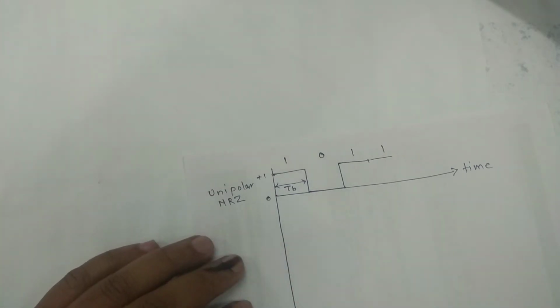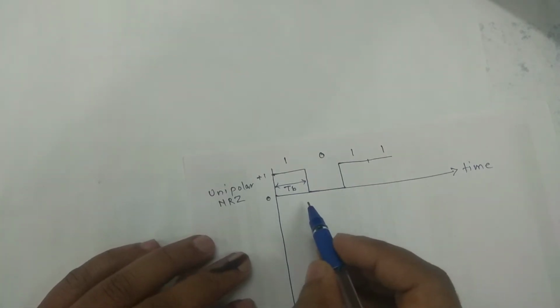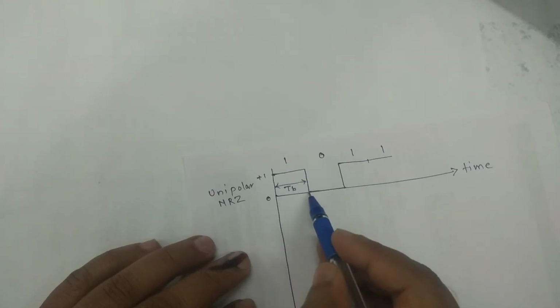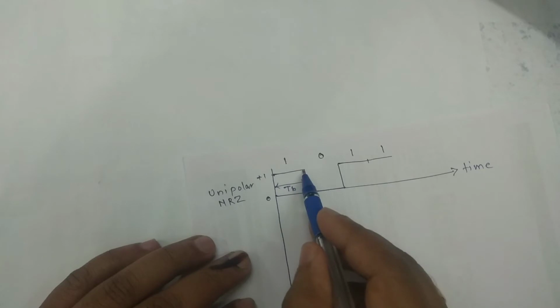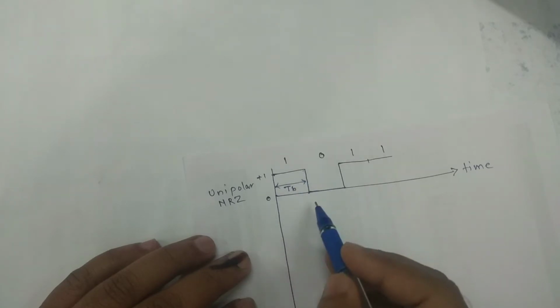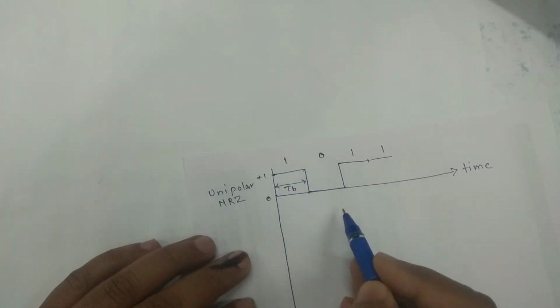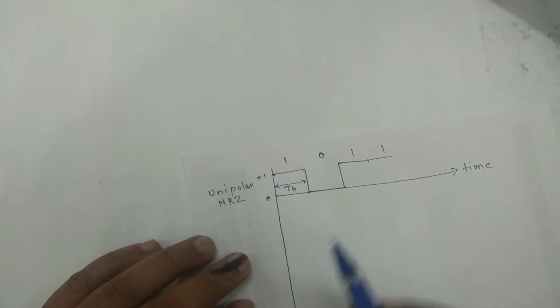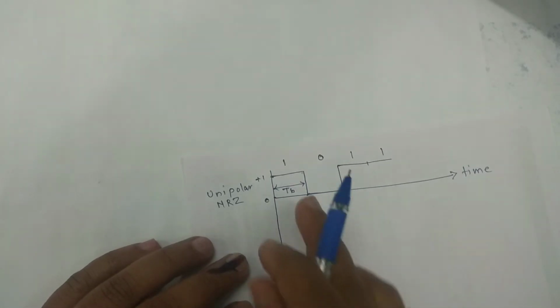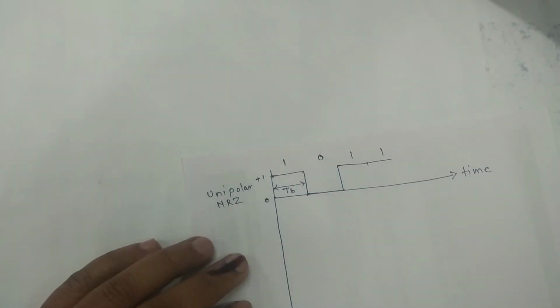In case of BPSK we used polar NRZ data, where bit 1 was represented by plus amplitude and bit 0 by -1 amplitude. But in generation of BFSK we will be using unipolar NRZ.